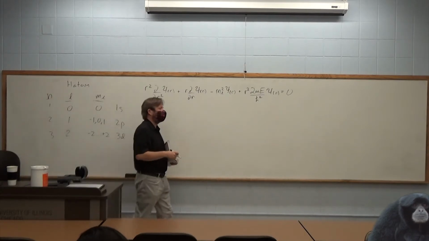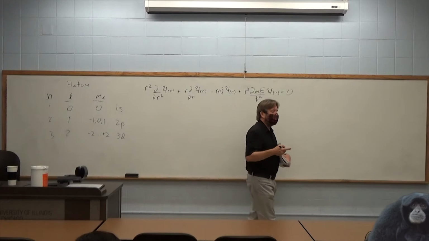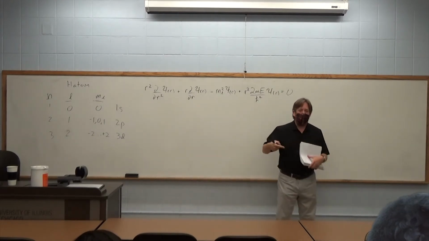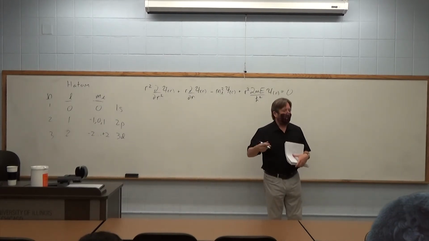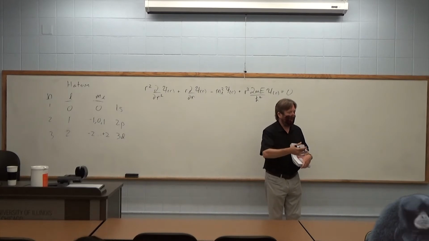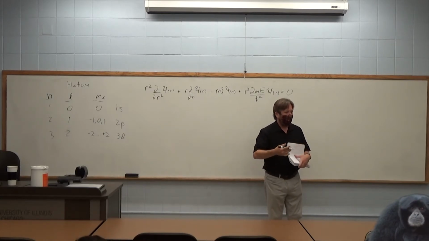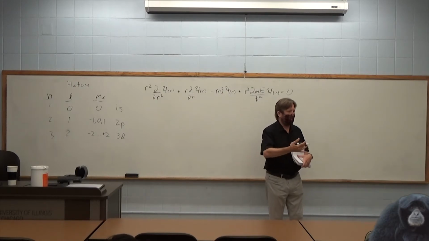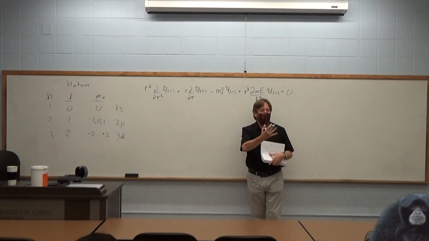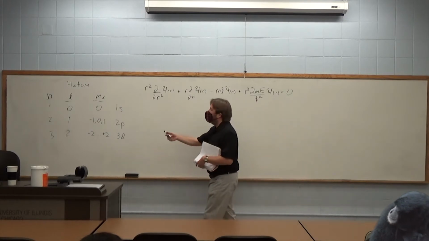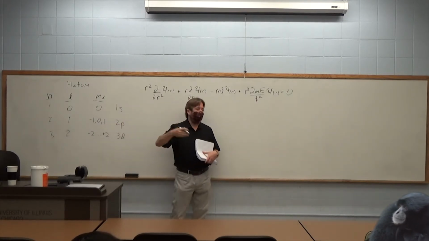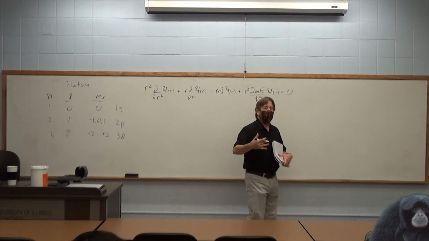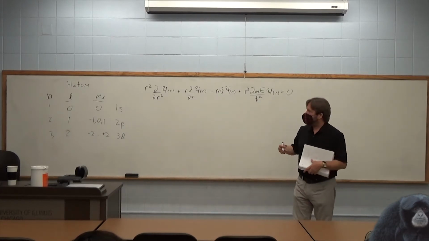And L, I forgot the rule for n and L. L is up to n minus 1, 0 to n minus 1. Yeah, right. And of course, m sub L is minus L to plus L. And that comes about from when you solve the Schrodinger equation.